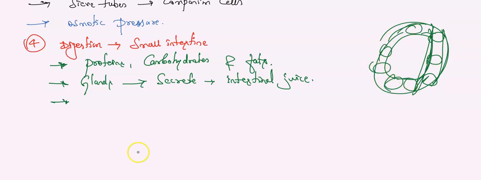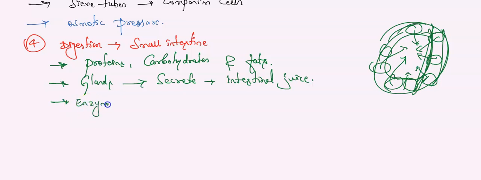What do these glands do? They secrete intestinal juice. Can you see this? This is intestinal juice. After they secrete intestinal juice, who is going to act over there? Enzymes. Now enzymes will perform their function.